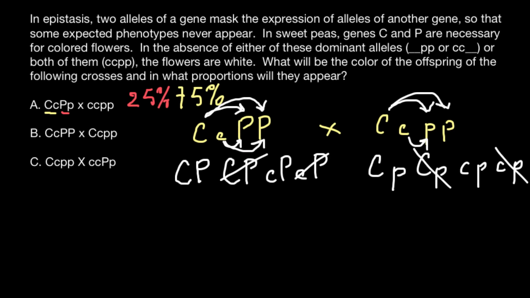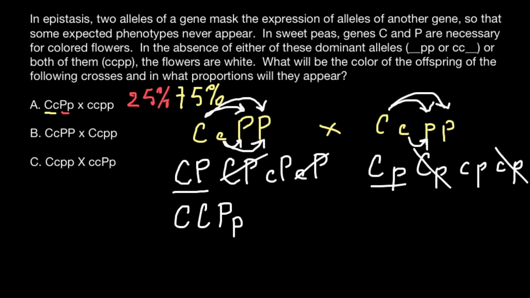So if we cross these two gametes, they would produce a diploid organism. For example, if we cross this one with this one, we are going to get capital C, and capital P, small p.